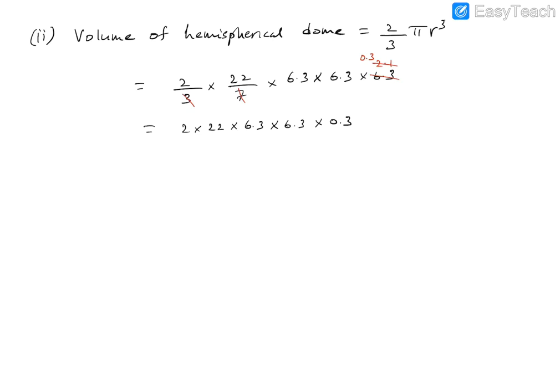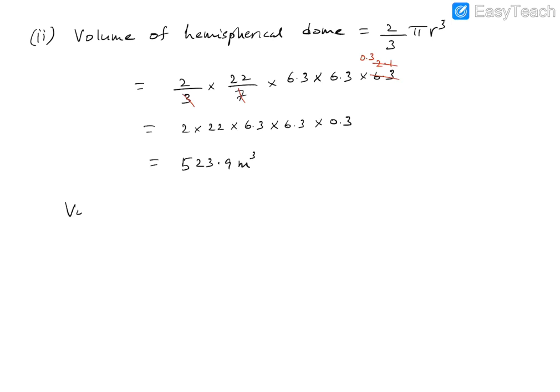0.3, and when we multiply these numbers, that gives us the volume of the air inside the hemispherical dome, which turns out to be 523.9 meter cube. Okay, so 2 into 22 into 6.3 into 6.3 into 0.3, that gives us 523.9 meter cube, which is the volume of the air inside the dome.